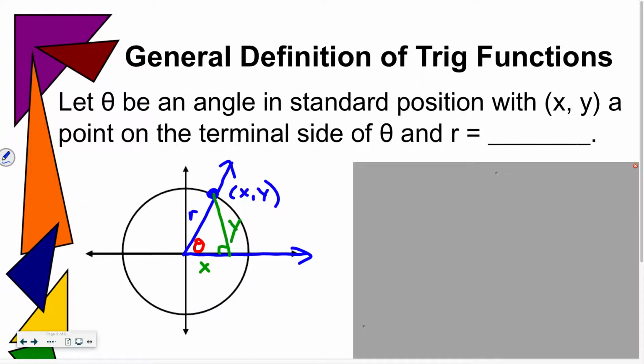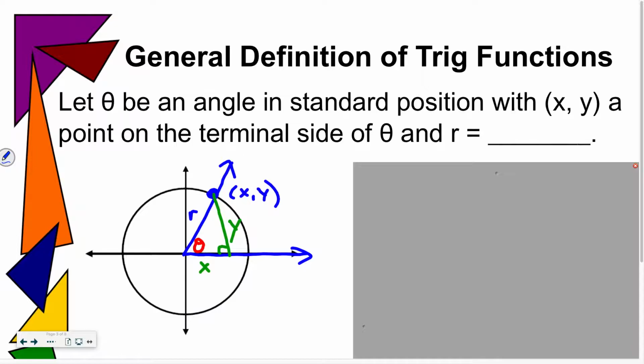Now, it says here r equals. Can you think of a way that we can write r for any point (x, y)? x squared plus y squared equals r squared. So r is like c in the Pythagorean theorem. How would you write it if it's just r equals, not r squared equals?